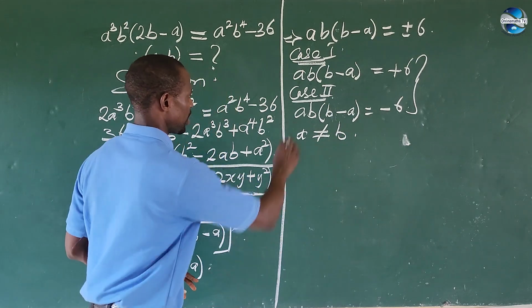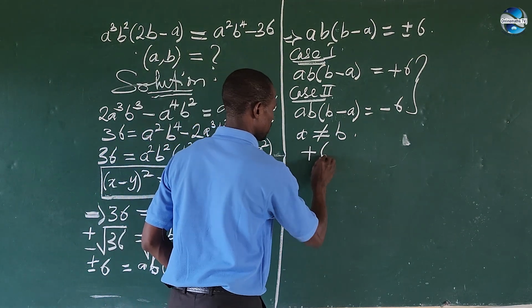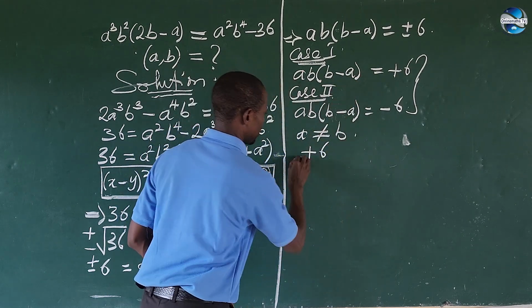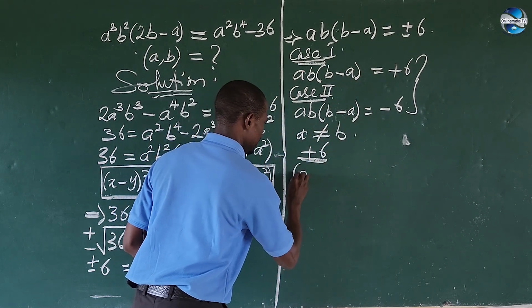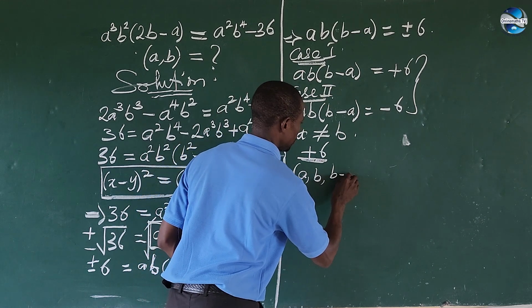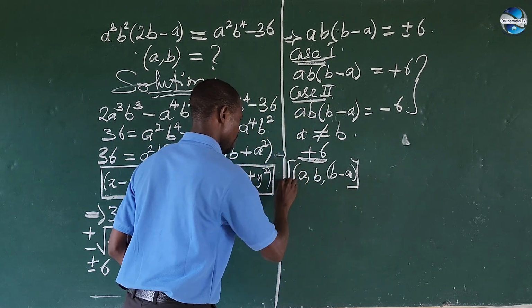So let's take case 1, which is the positive. So we have here plus 6, for this equation to hold. So we're going to have a, b, (b minus a), okay? So let's close this with a square bracket.